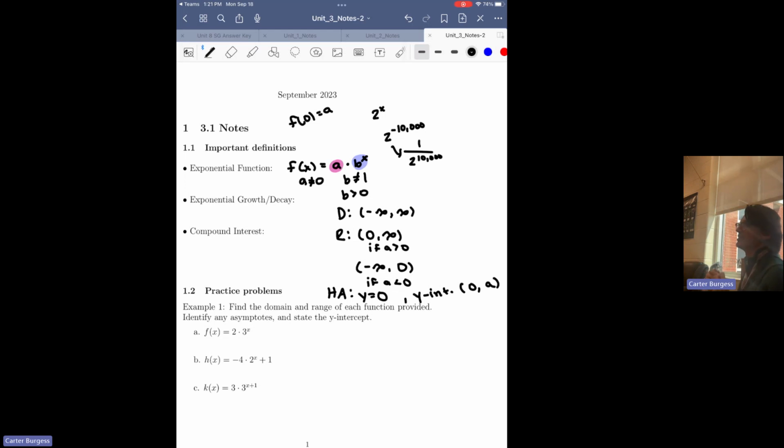So we'll see, looking at a couple examples, this is highly sensitive to shifts. This is both vertical and horizontal shifts. This is highly, highly sensitive to those. We're going to see that as well, yes.